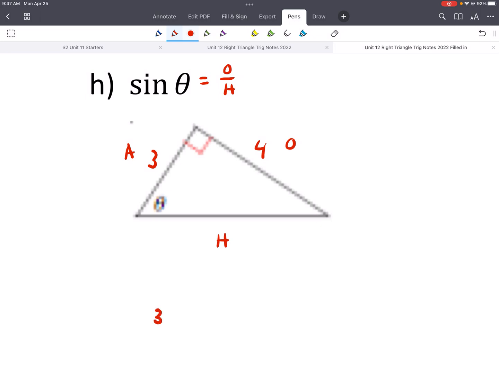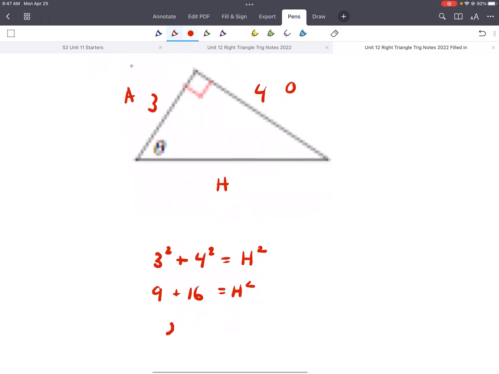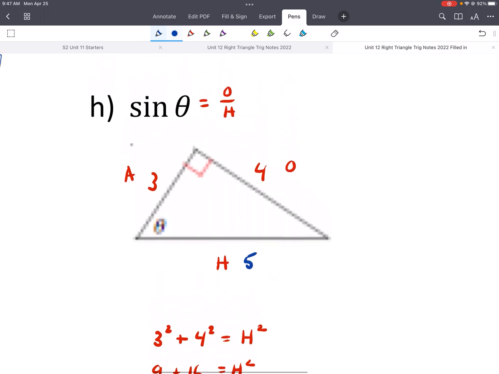So we'll do A squared plus O squared, or B squared, whatever you want to call it, equals H squared. So we'd get 9 plus 16 equals H squared. That's 25. And then we would square root both sides, and we'd get H equals 5. So then we could say our O is 4 and H is 5, so that would be our answer.